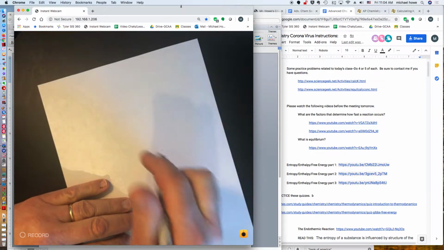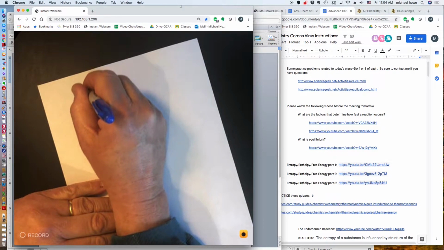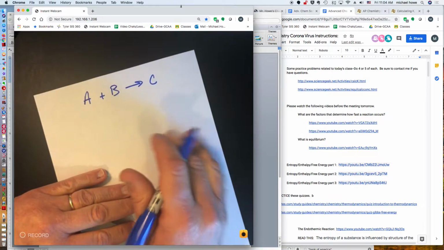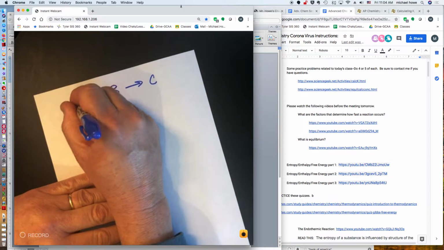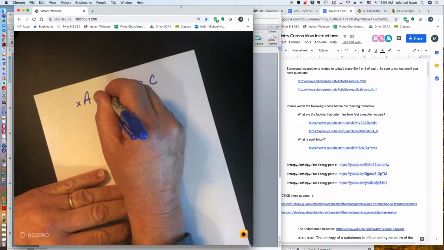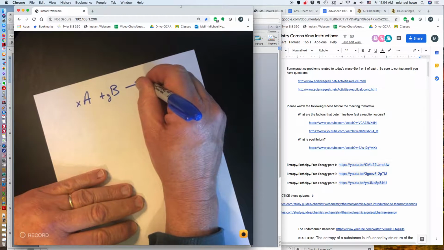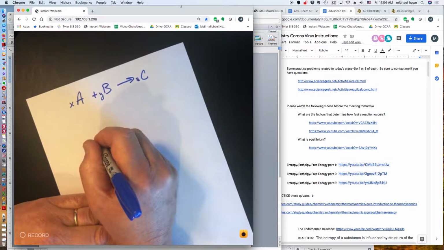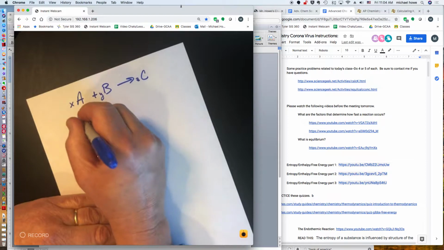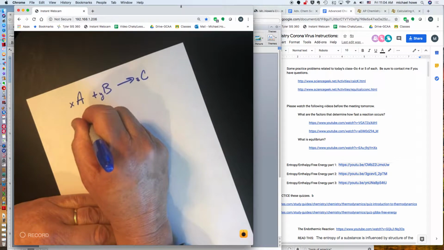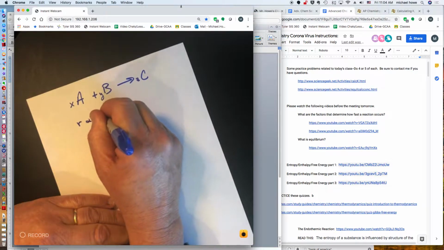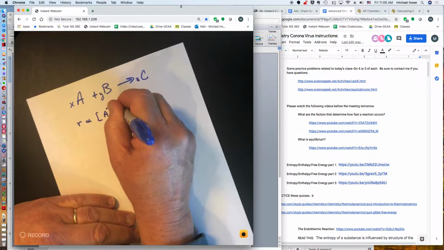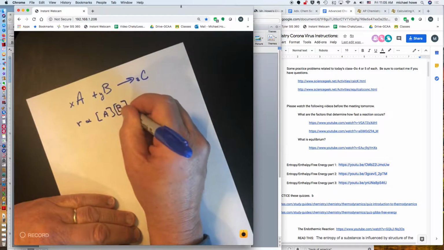All right, so the first thing I want to consider is a chemical reaction which is generic. So if I have A plus B turns into C. And we'll assume that the balanced equation includes some coefficient X in front of the A, some coefficient Y in front of the B, and some coefficient Z in front of the C. For reasons that I'm not going to be able to get into this year, given our circumstance, I'm just going to let you know that the rate of this chemical reaction is proportional to the concentration of A, and that's going to be multiplied by the concentration of B. Both of them will be raised to their coefficients.